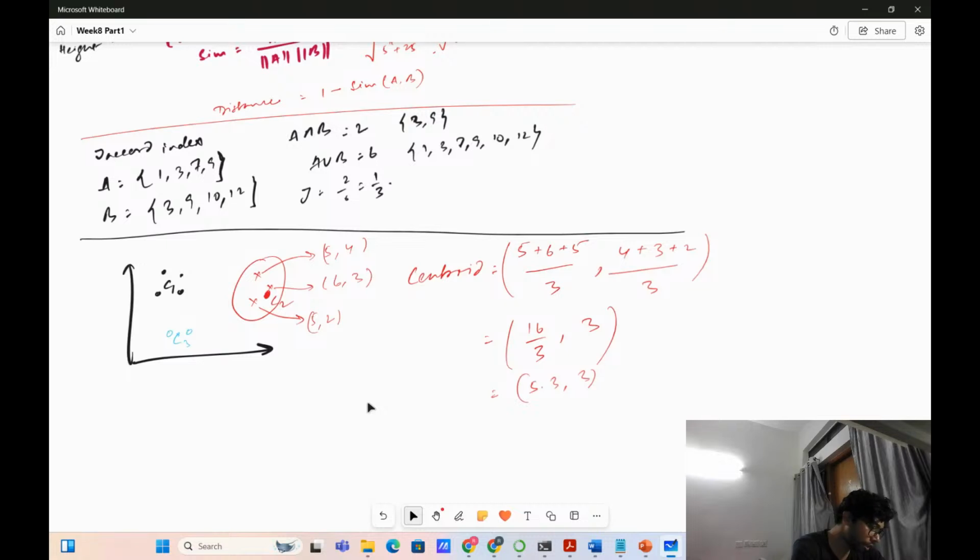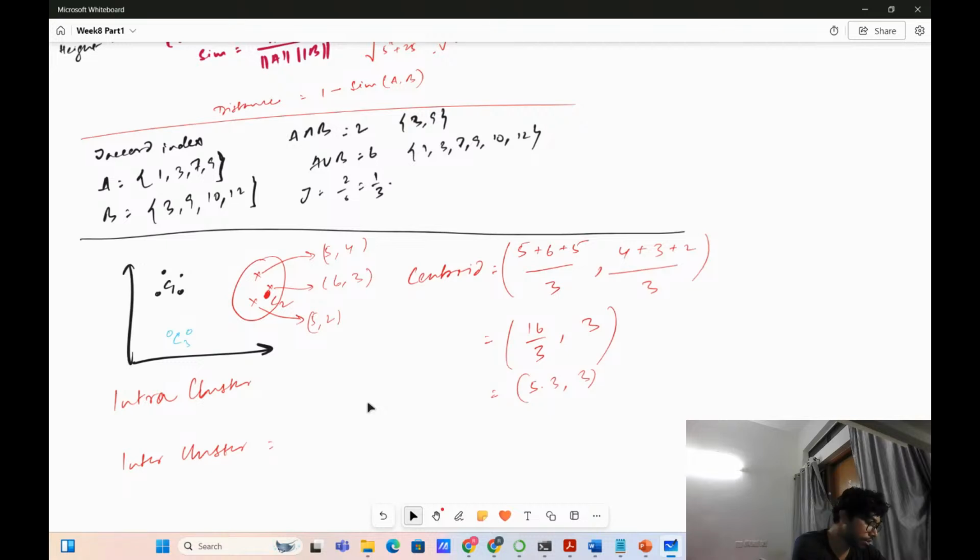Right. So there are two terminologies you should be familiar with. One is intracluster, okay, another is intercluster.